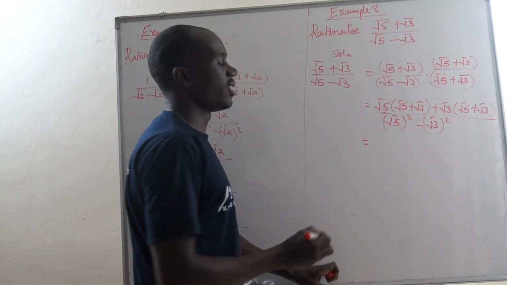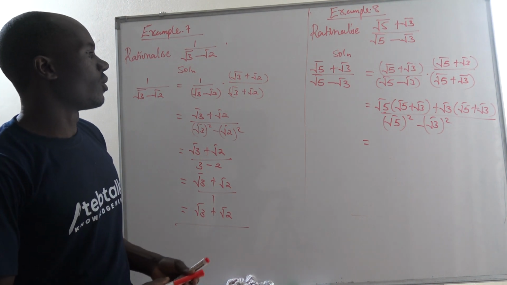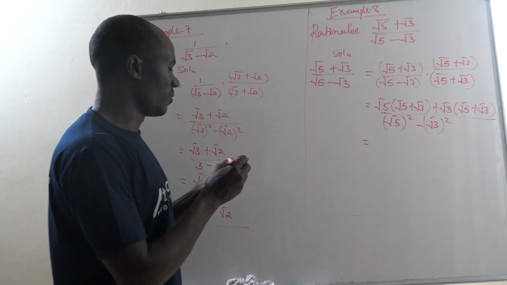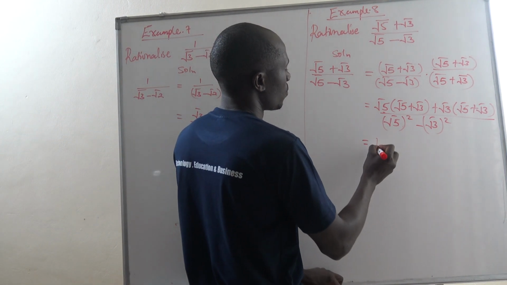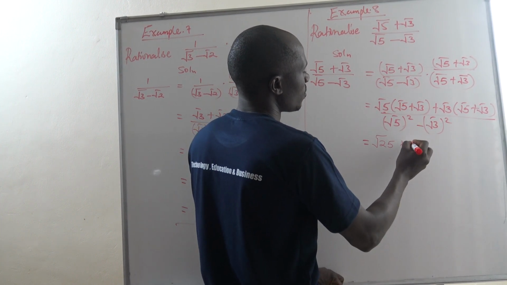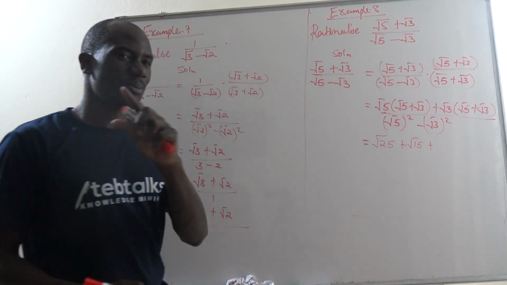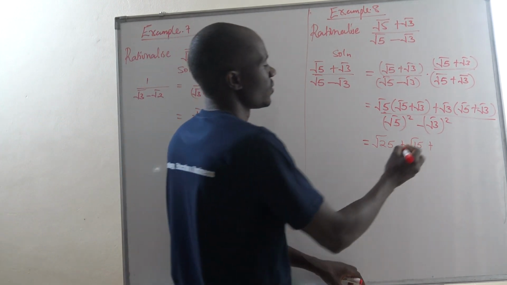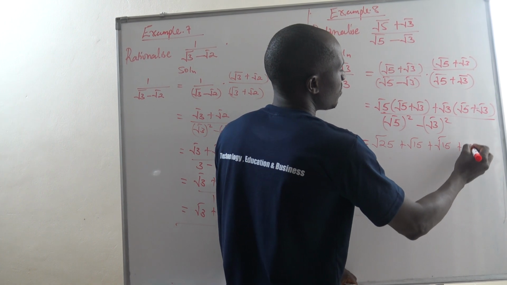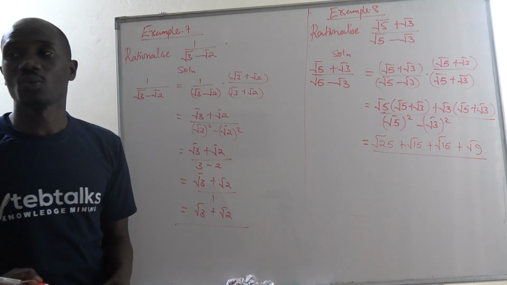So we go ahead and open up our brackets. Root 5 times root 5 becomes root 25, plus root 5 times root 3, you get root 15, plus root 3 times root 5, all of them are irrational numbers, we are getting also root 15, plus root 3 times root 3, we are getting root 9 all over.